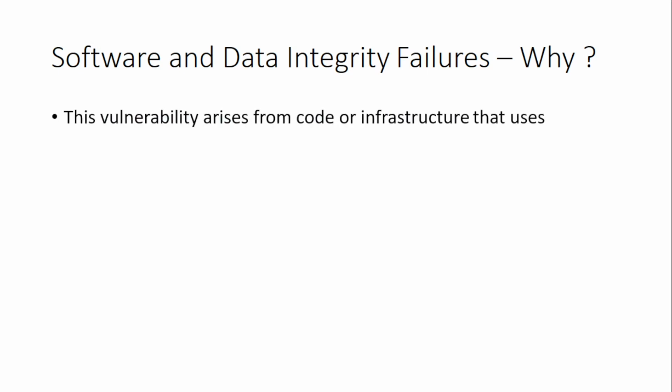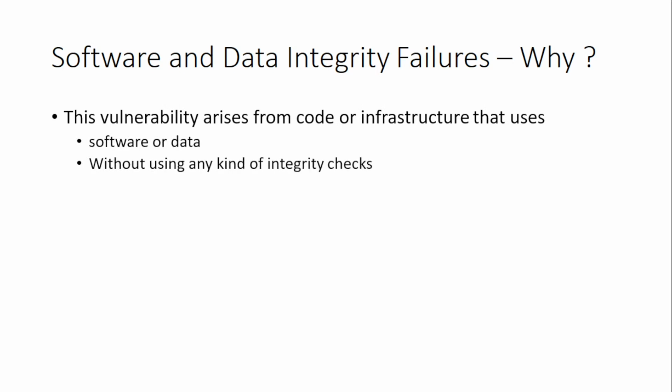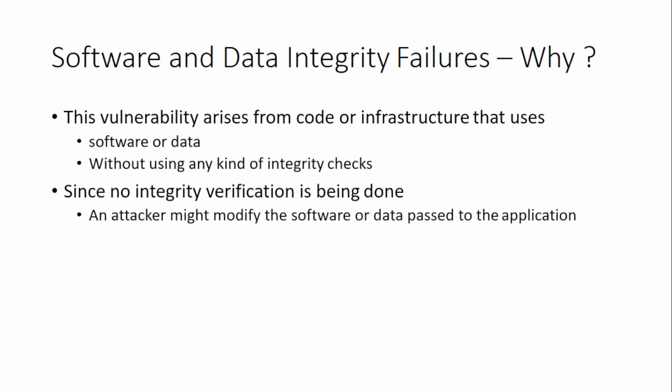This vulnerability arises from code or infrastructure that uses software or data without using any kind of integrity checks. And since no integrity verification is being done, an attacker might modify the software or data passed to the application, and the result is unexpected consequences, depending on what the attacker has put in it.